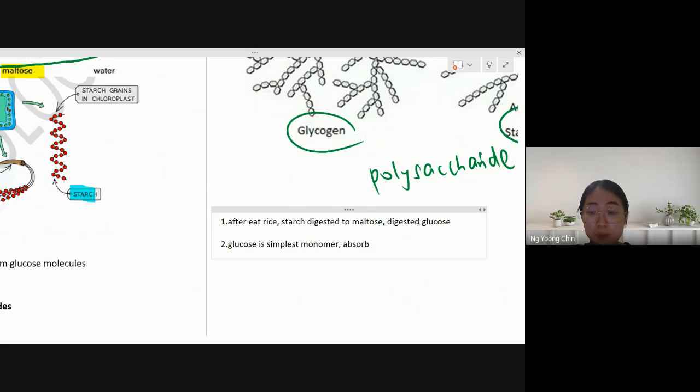It will be absorbed by the intestine, because food absorption is actually done in the intestine. This will be discussed in chapter 7. It is absorbed by the intestinal villi, and the glucose will enter the bloodstream.